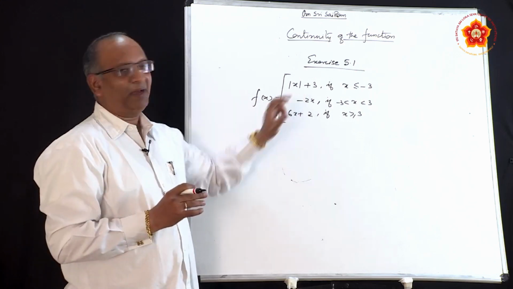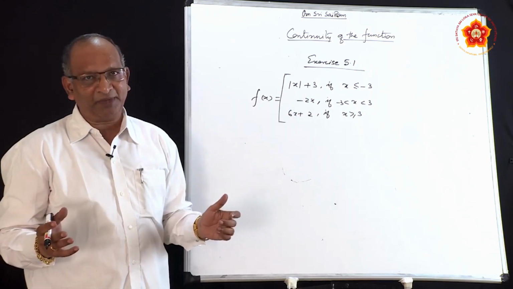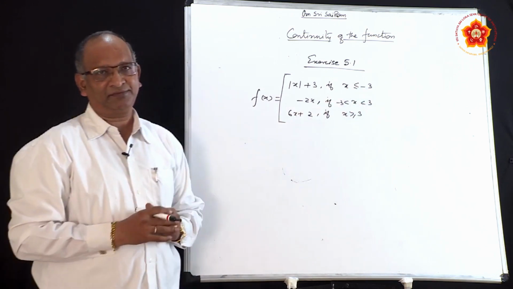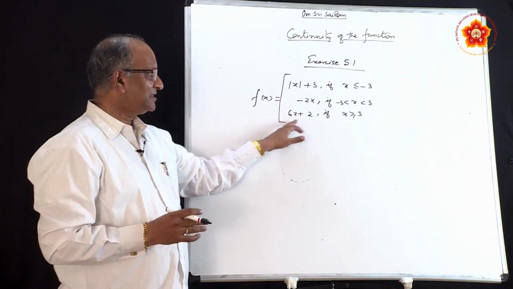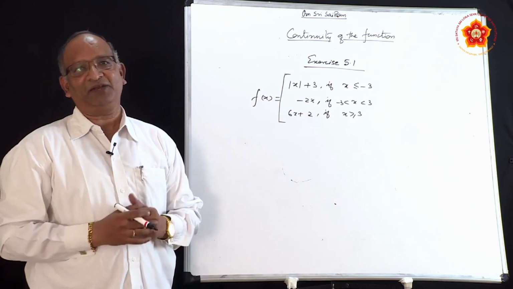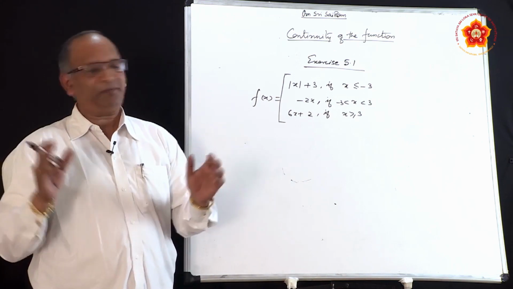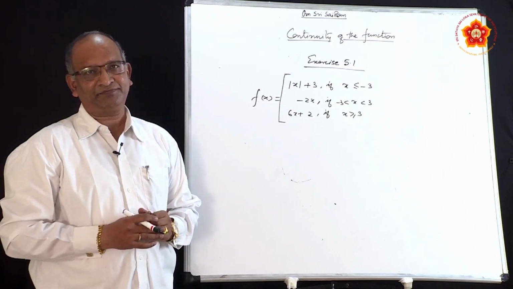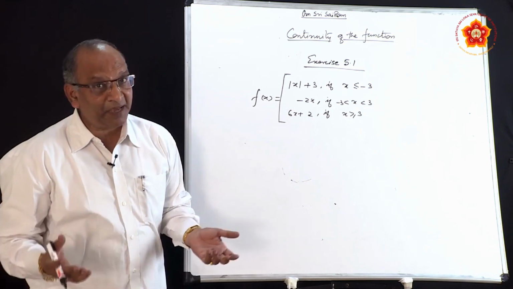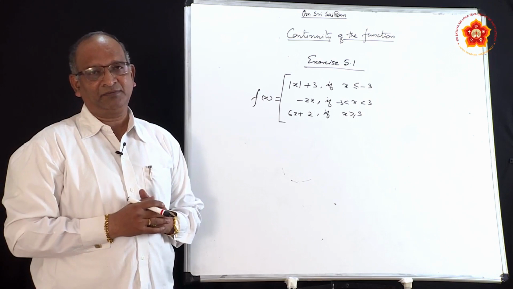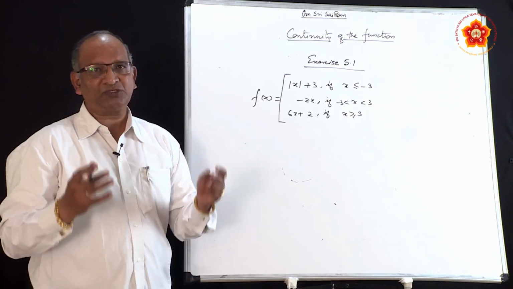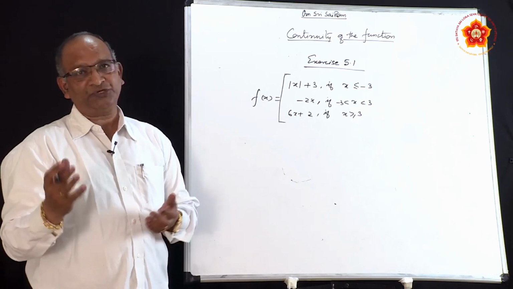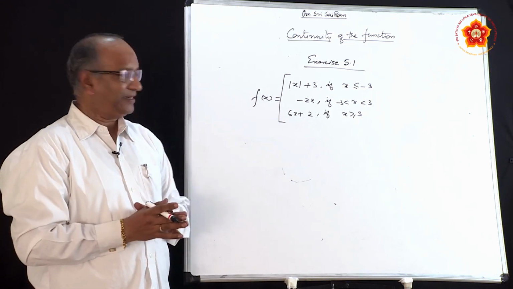Look at the second one, minus 2x happens to be polynomial function. Again it is continuous between minus 3 and 3. Look at the third one, 6x plus 2 is also a polynomial function. So it is also going to be continuous in the given interval greater than or equal to 3. So where it may be discontinuous, it may be discontinuous only where the intervals are changing. Now the question is where the intervals are changing. Look at it.